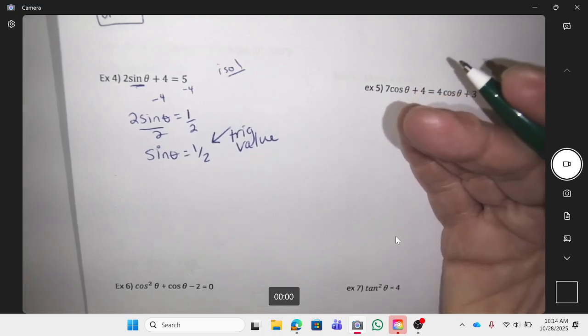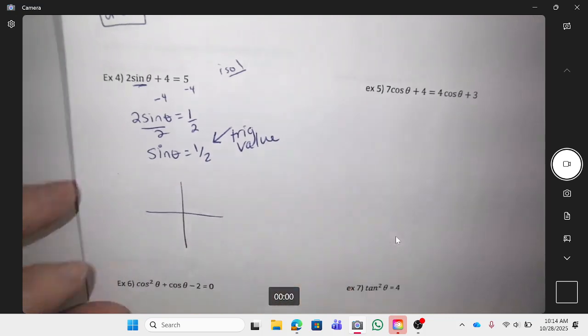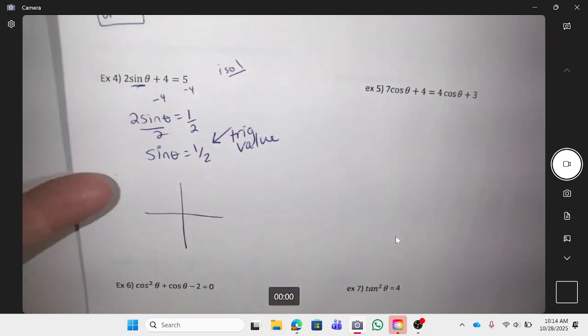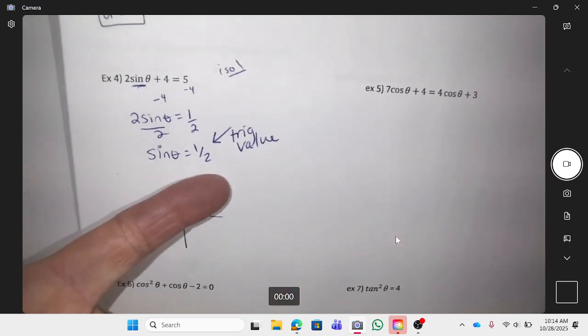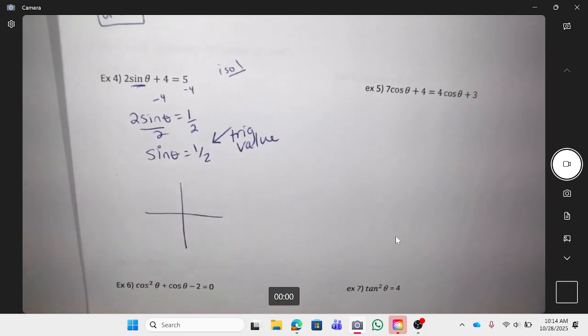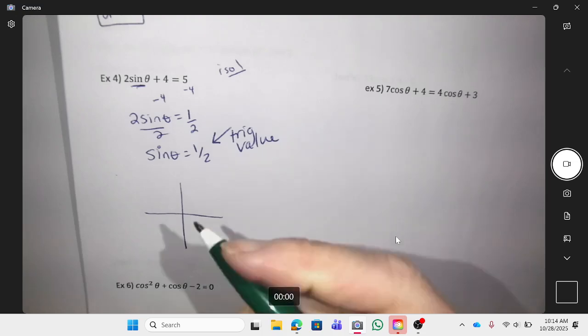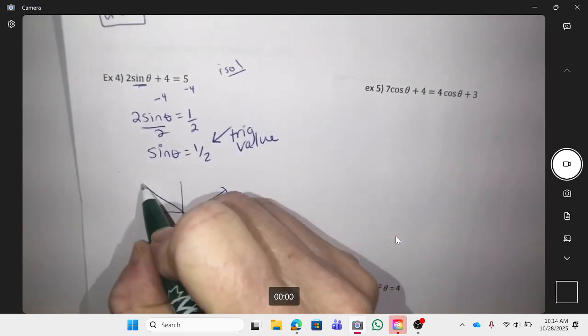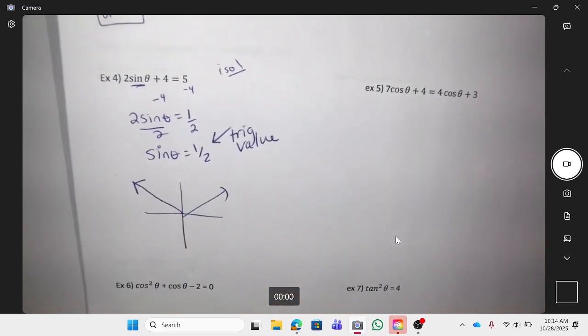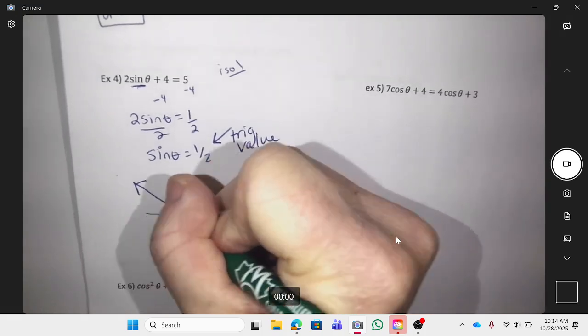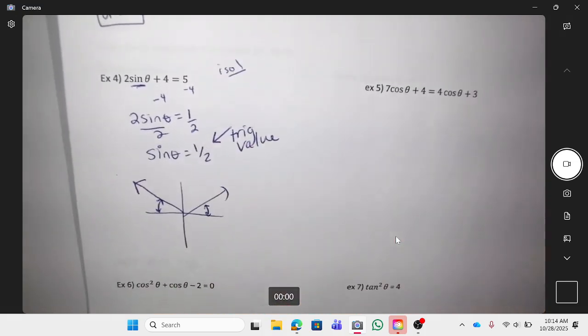Ready? Astica where? Where could I be here? So sine has to have a positive trig value. So Astica where? Sine positive. Okay, I'm going to already know that I'm making a connection to the x-axis for reference.